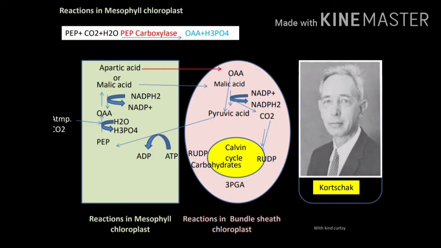We will see first of all the reactions in a mesophyll chloroplast. The first reaction: the primary CO2 acceptor of this cycle is phosphoenol pyruvic acid, that is PEP, present in a mesophyll chloroplast. It accepts atmospheric CO2 in presence of PEP carboxylase and water to form the first stable 4 carbon compound, that is oxaloacetic acid, OAA, along with phosphoric acid.